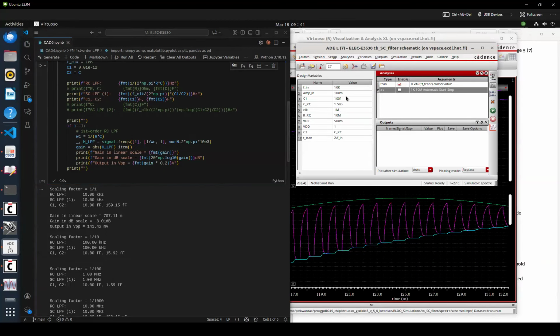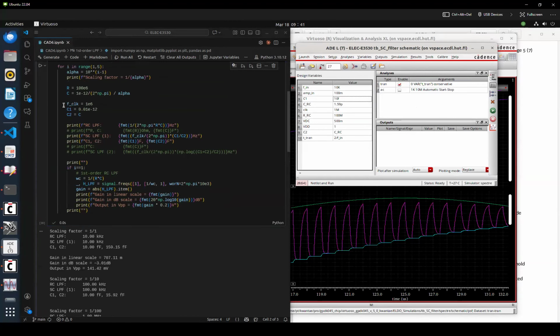So for R, it should be 100 megaohm, which is quite a large value, but at this moment, let's not think about it too much. And 10 femtofarad, and the C_RC, which is equal to C2, is 159 femtofarad.